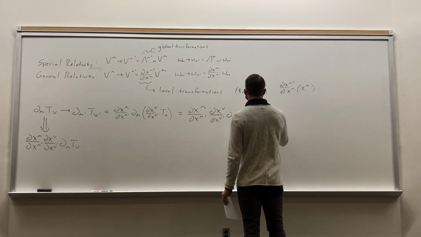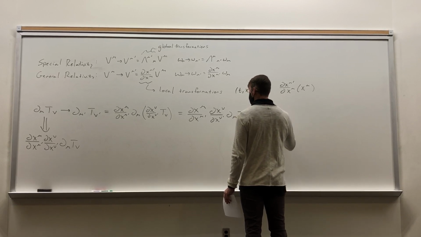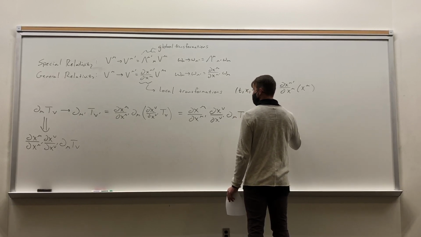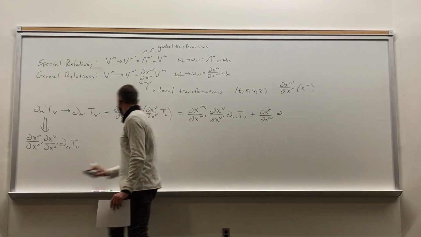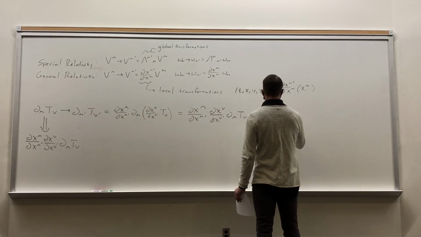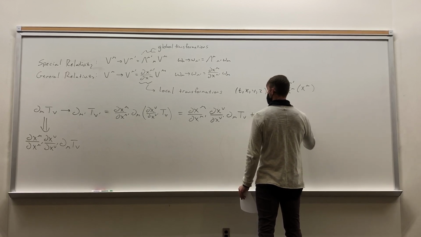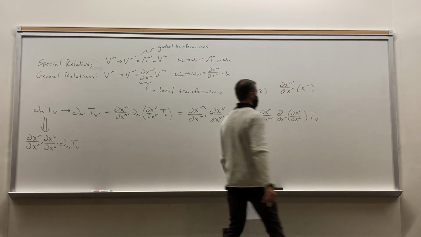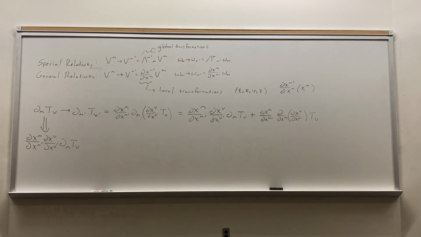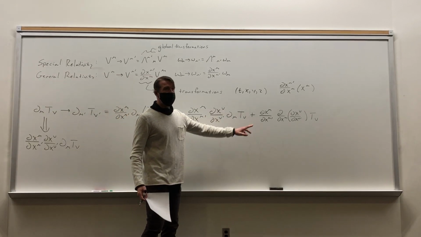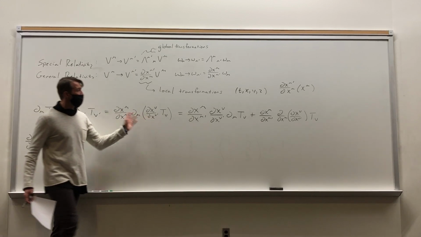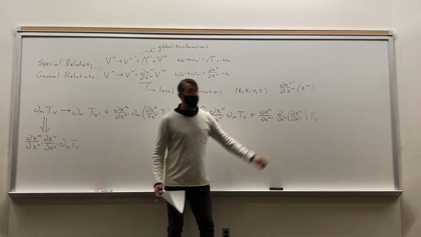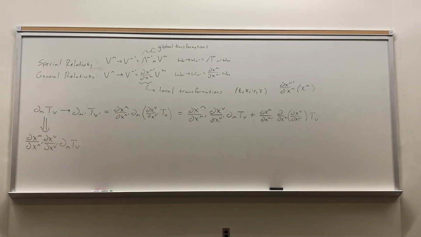But I also get this: letting the derivative act on t nu first, and then pulling this over here, and then letting the derivative act on that transformation matrix, which is going to be non-zero in general.